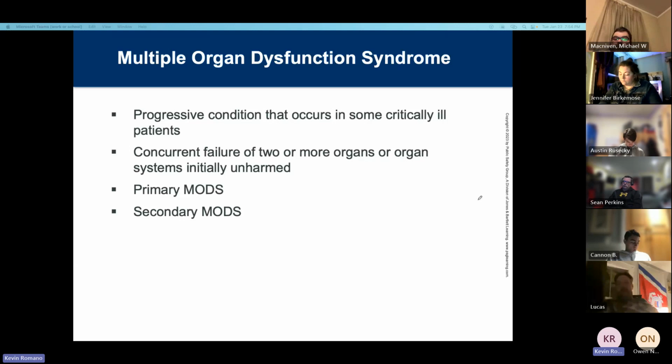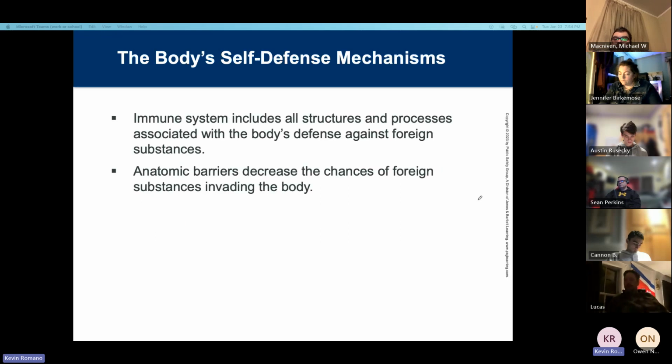Secondary MODS is a slower, more progressive organ dysfunction. So we look for that massive systemic immune response as well. All those together could be triggered by sepsis or any kind of inflammation or infection.